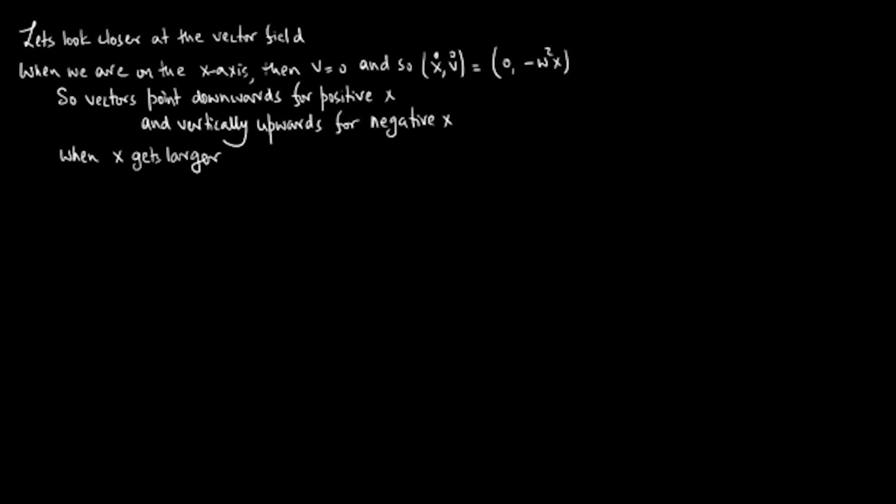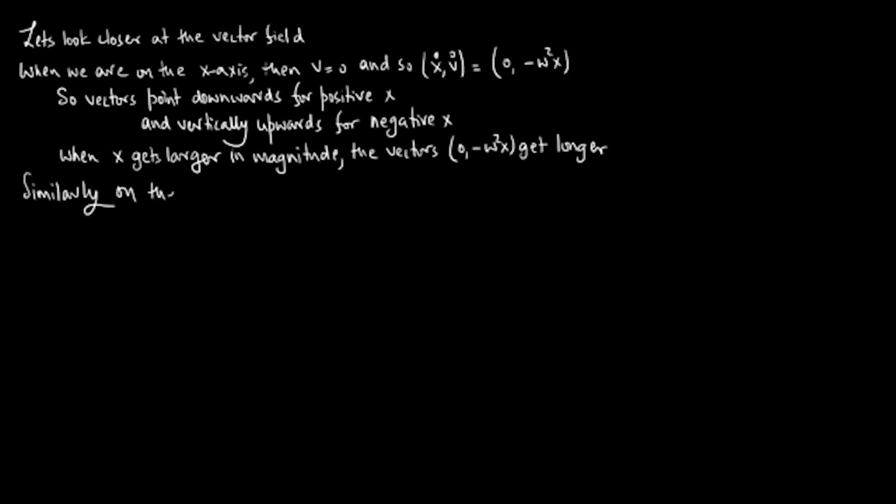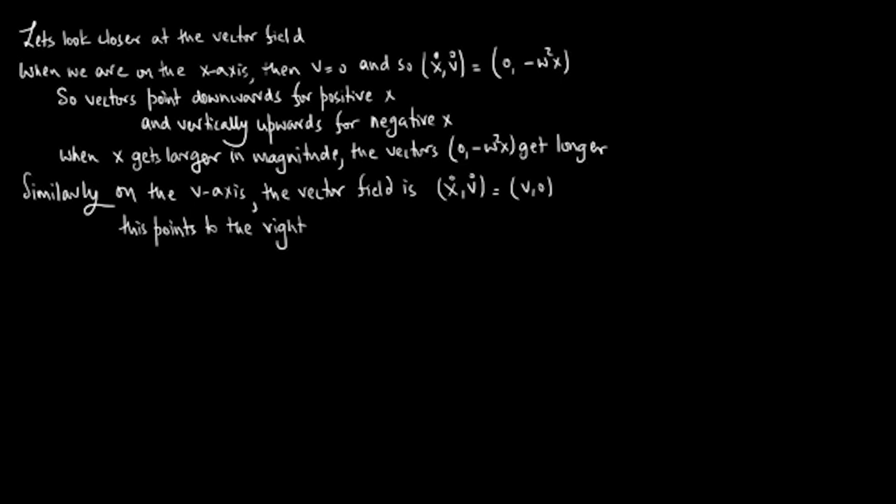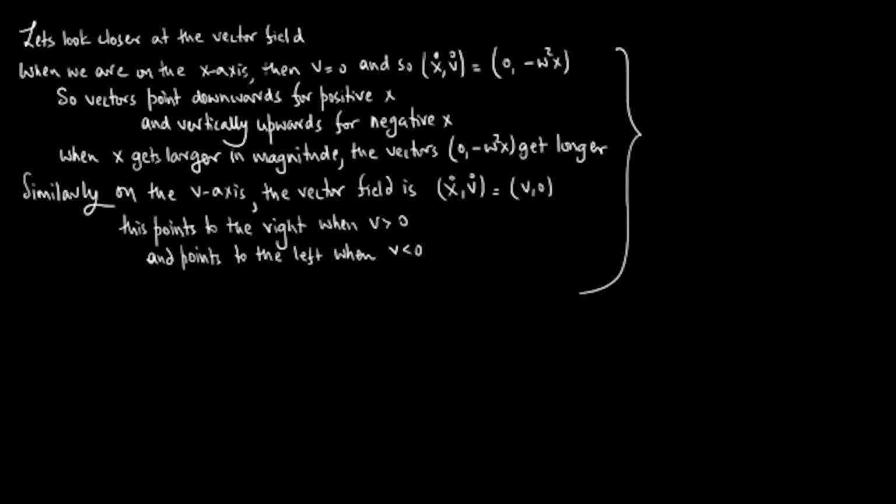When x gets larger in magnitude, the vectors (0, minus omega squared x) get longer. And similarly, on the v-axis, the vector field is (x dot, v dot) equal to (v, 0). And this points to the right when v is greater than 0 and points to the left when v is less than 0. So let's go ahead and actually plot this information.